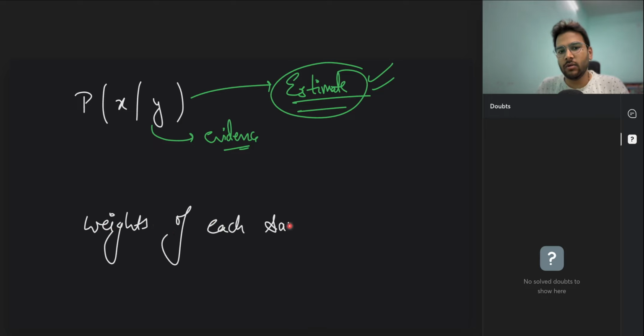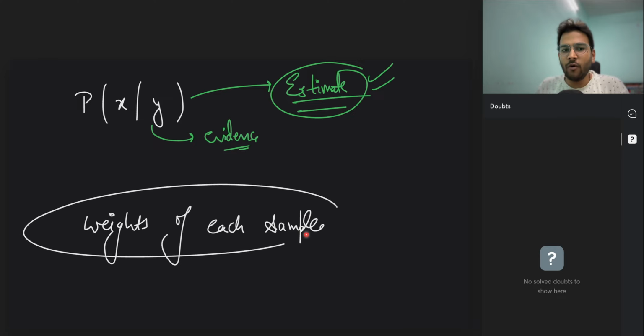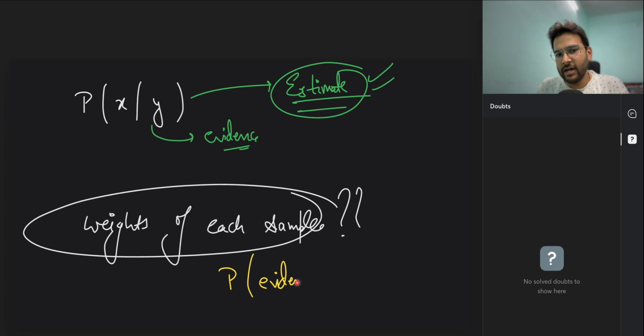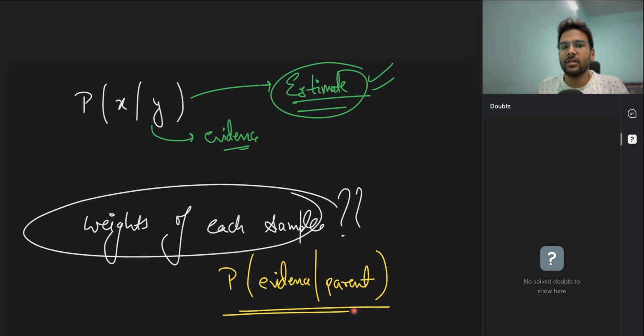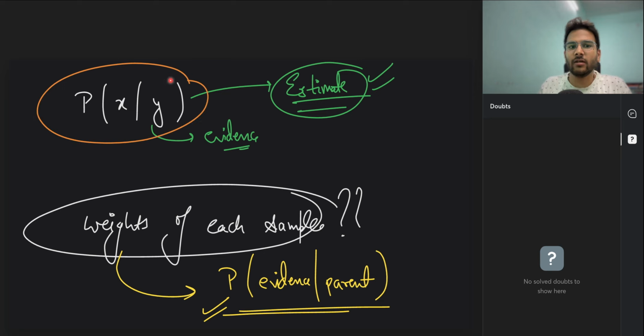And how do we find the weights? Like you said, probability of evidence given its parent. This is how we find the weights of each sample. But the question is asking about this thing. Which query is well suited to estimate if I'm using likelihood weighting? Is this clear?